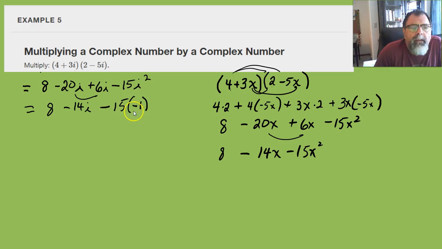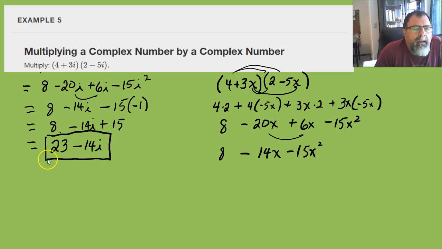And then negative 15 times negative 1 is positive 15, and then you're going to combine these like terms, and we get 23 minus 14i. Okay? So that's the difference. It's i and i squared. They're not variables. They're specific things. i is the imaginary unit, which is the square root of negative 1, but we just leave it as i. And i squared, you got to convert it to negative 1.